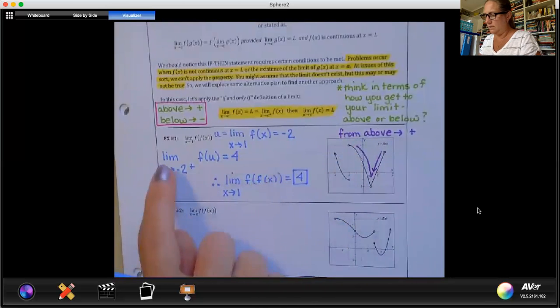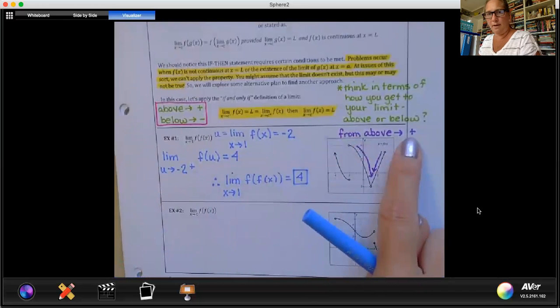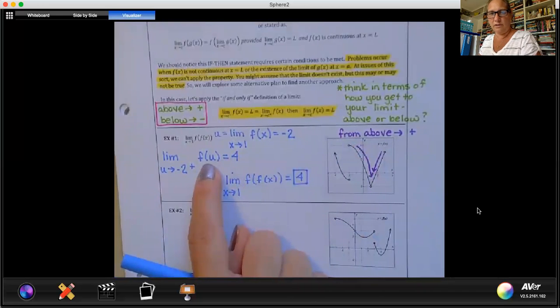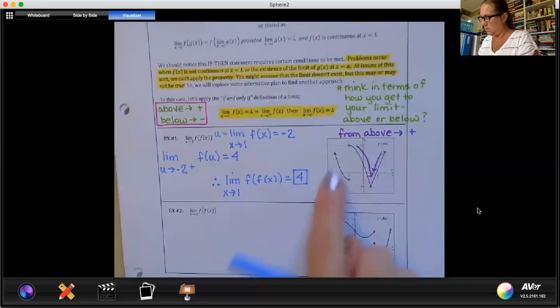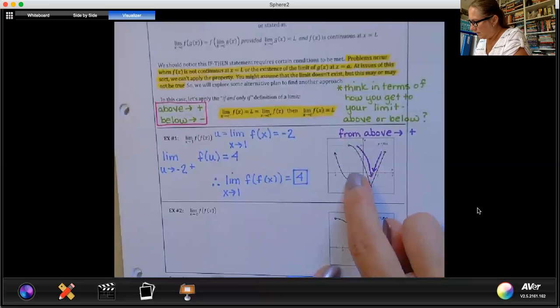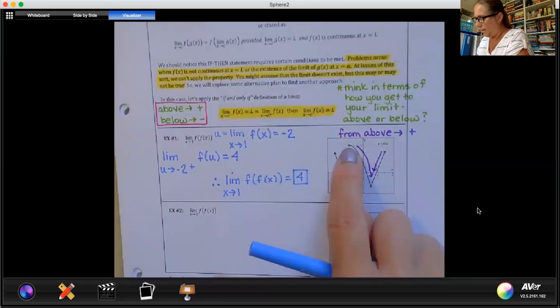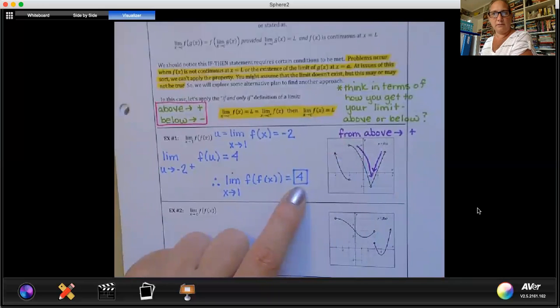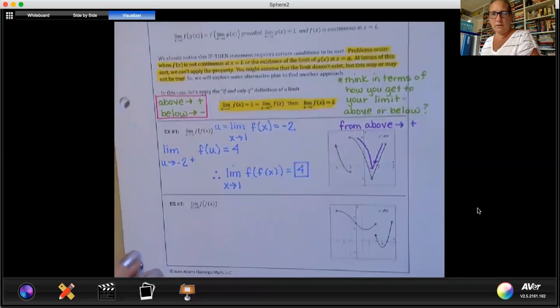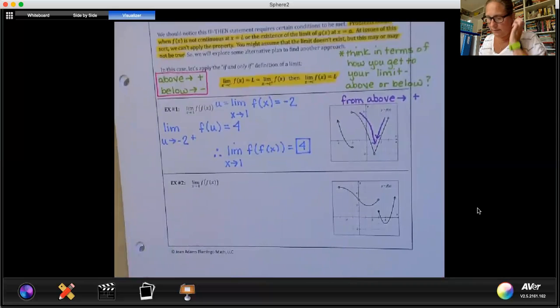Rewrite your limit: the limit as u approaches -2 from above of the new function. Looking at your graph, approaching -2 from the right, the y value is +4. Every one of these problems is going to be done the same way.